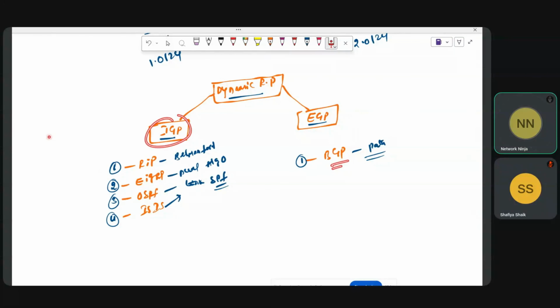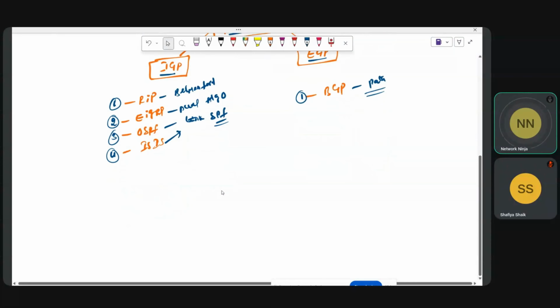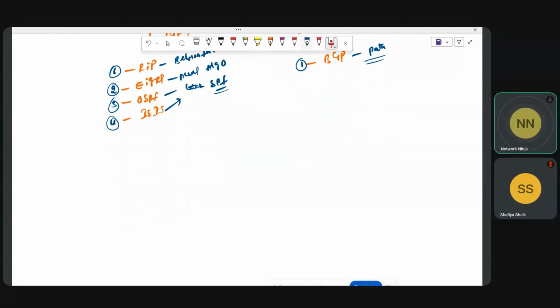IGP protocols are used within the autonomous system. This is the important point. BGP is used between autonomous systems. So as we discussed, what are the AD values of the different routing protocols? RIP's AD value is 120, and then we have EIGRP.